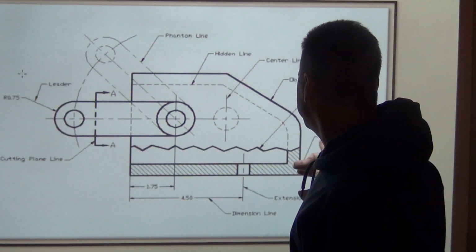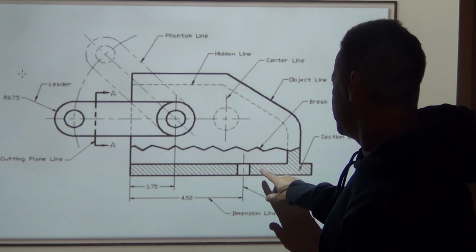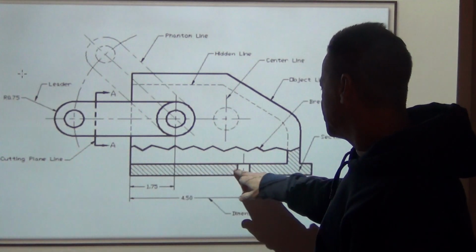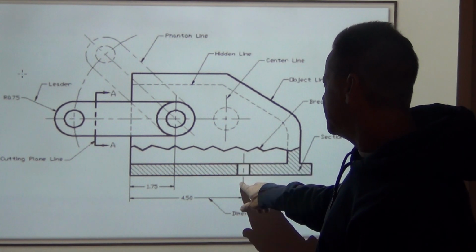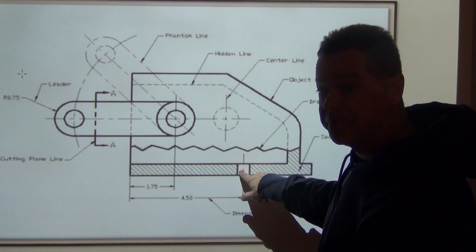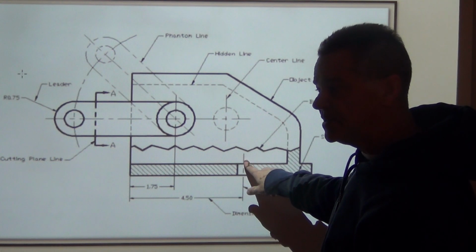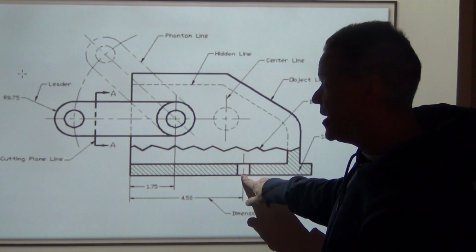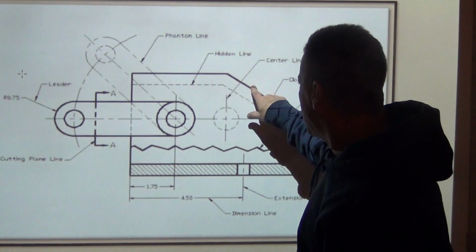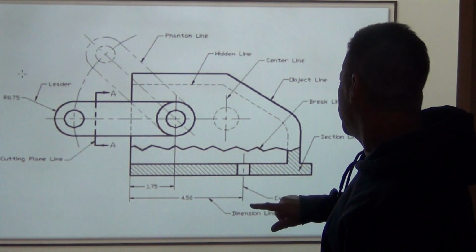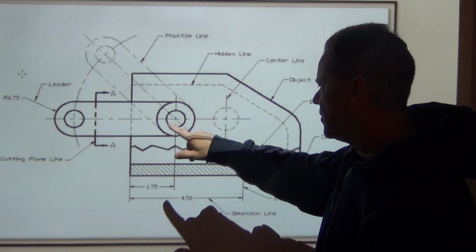And here they've done a section where they cut this away, and they're showing the internal parts. Since there is a hole through there, they did not put section lines there because that's a slightly empty space, right? And of course, hidden lines, object lines, center lines again, and so on, right?